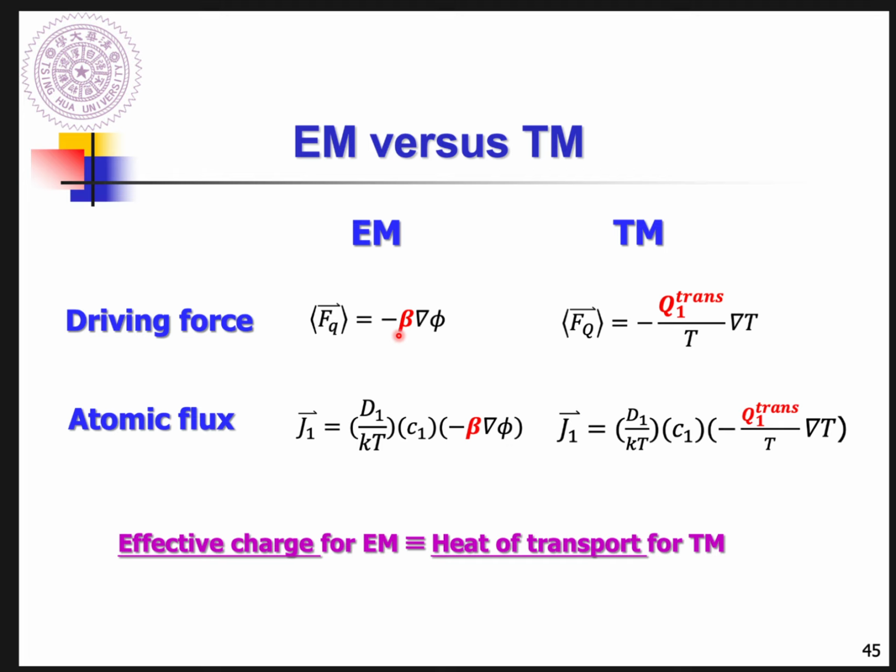Instead of the negative chemical potential, we use the electrical potential gradient, and we multiply by beta. Since we modify the driving force, the atomic flux should be modified in the meantime. So the driving force part also needs to be multiplied by the effective charge beta. As we reminded you before, the sign of beta also tells you the moving direction of the diffusing species.